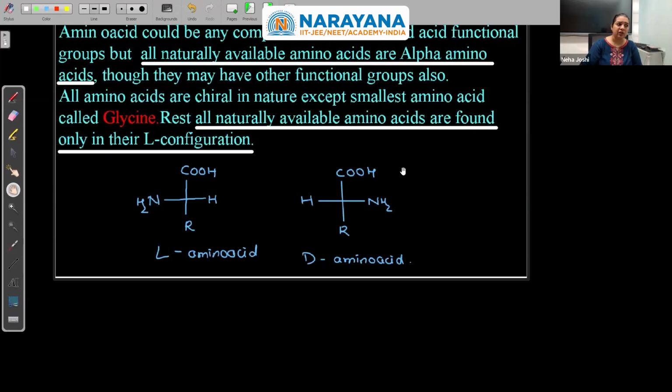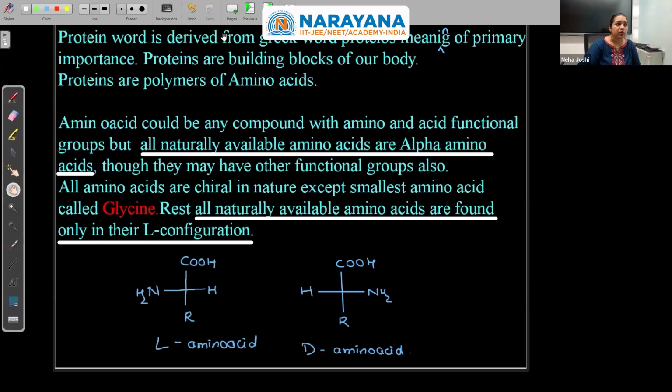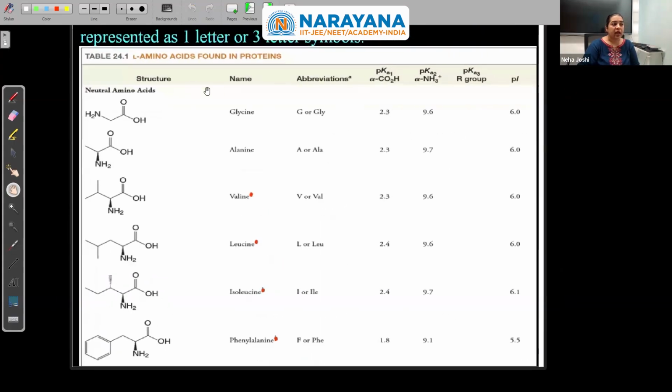If it is on the left, then we call it L sugar. Right? This is what we did yesterday. Now in case of amino acids, if the alpha positioned NH2 group is on the right hand side, then it is a D amino acid. If on the left hand side, then it is an L amino acid.